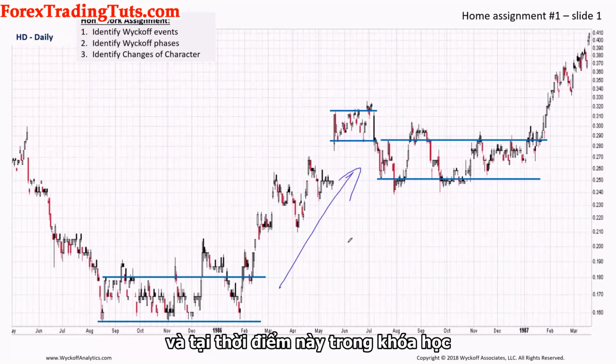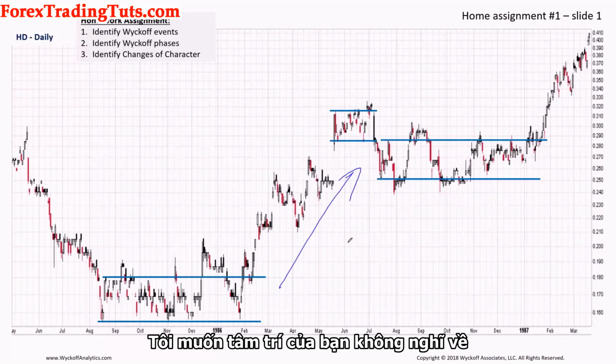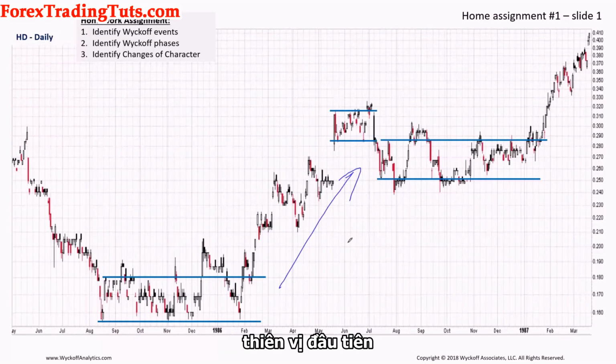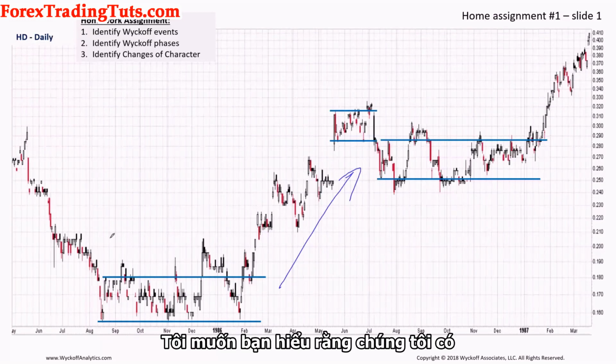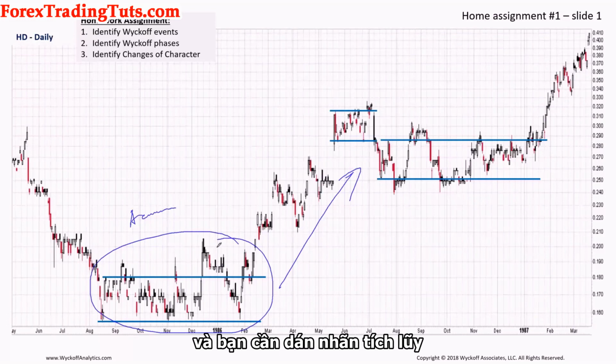And at this point in the course, this is exactly what I want you to do. I want your minds not to think about the bias first. I want you to understand that we have been in the accumulation and that you need to label accumulation correctly. This is the first task.